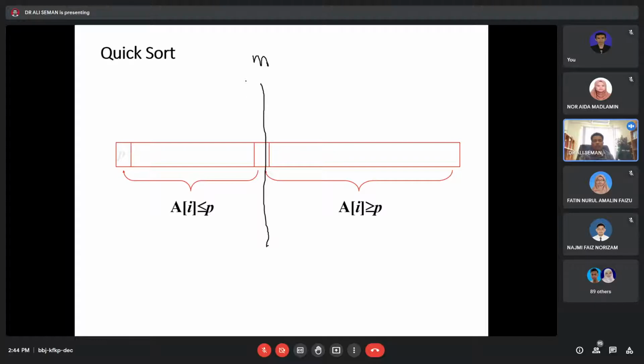When we find it, we split into two: the first subarray, called the left subarray, and the second, the right subarray. Finally we divide and conquer both. Elements in the left are less than or equal to P, where P is the pivot or partition value, and elements in the right are greater than or equal to P. Then we process both recursively until we can combine back to get the list sorted by quick sort.